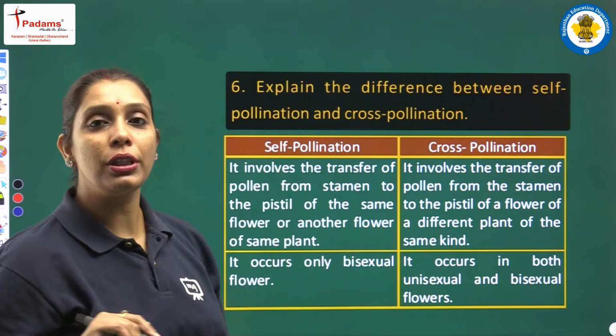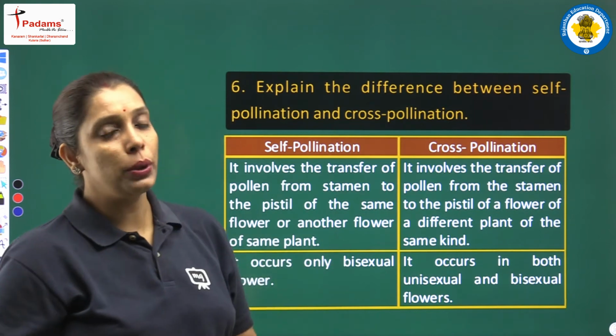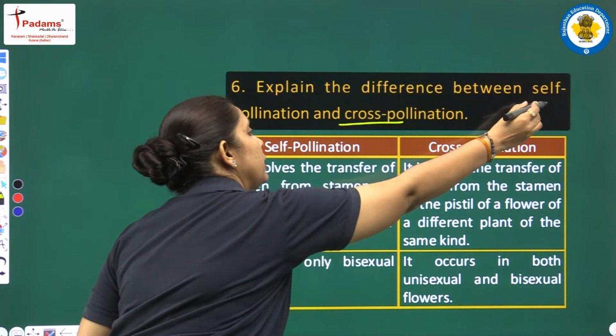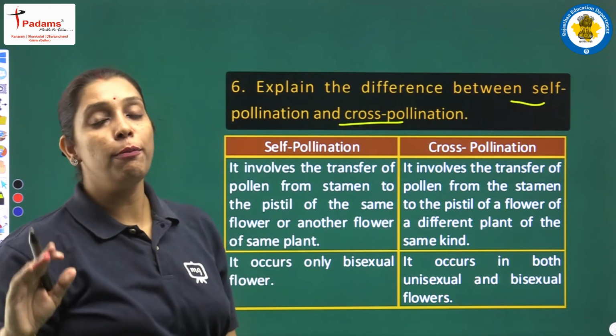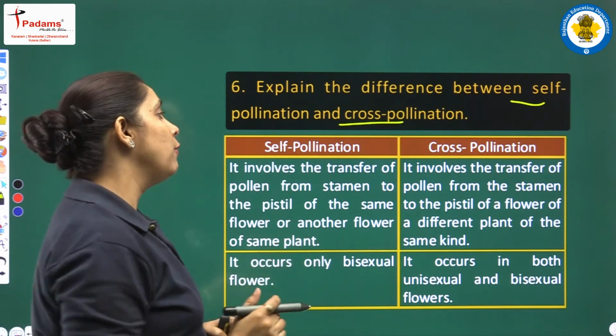Move to the next question, class, and the next question is: explain the difference between self-pollination and cross-pollination. अब self में और cross-pollination में क्या difference है? ठीक है, अब have a look here.